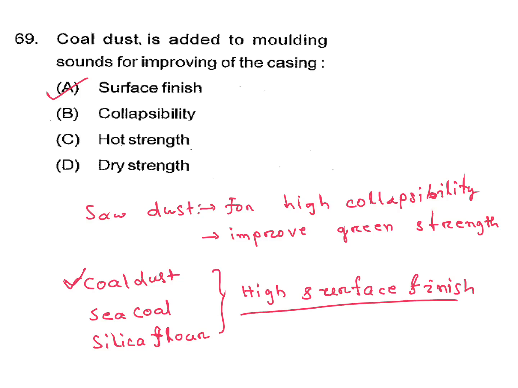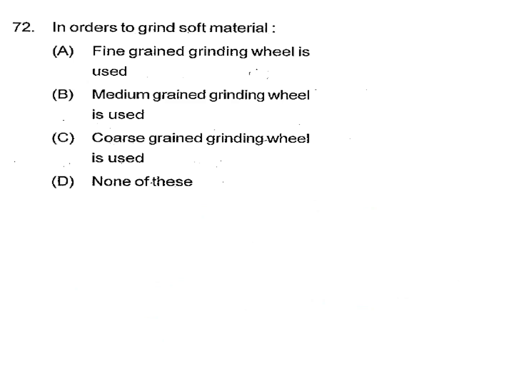In order to grind soft materials, fine grained wheel for hard material. Coarse grained wheel for soft materials.